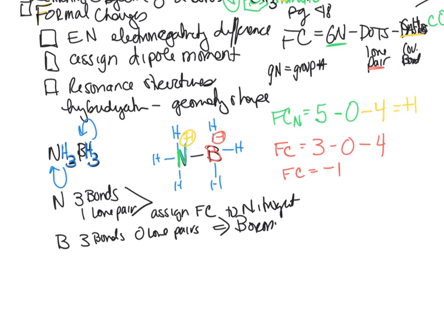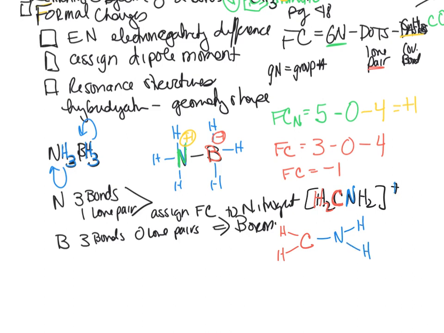Draw the structure here. H2CNH2 plus. This carbon has 2 hydrogens connected to it, the H2, and then it's connected to the nitrogen, and the nitrogen has 2 hydrogens.